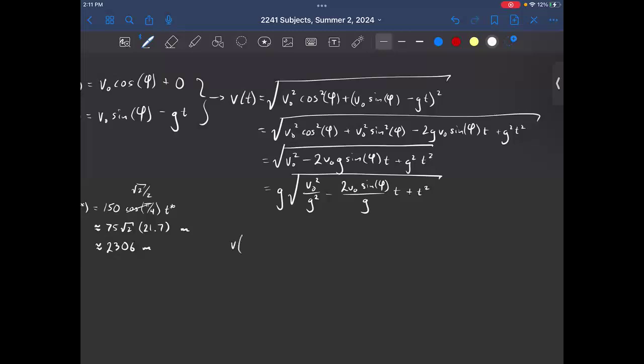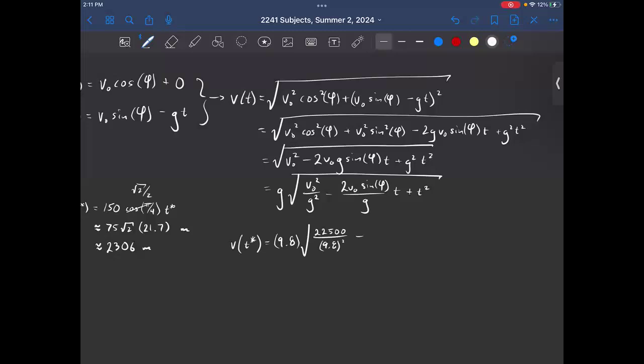But let's just write this down. V of t star equals 9.8 times the square root of 150 squared, so 22,500 over 9.8 squared. I can't remember what that is.